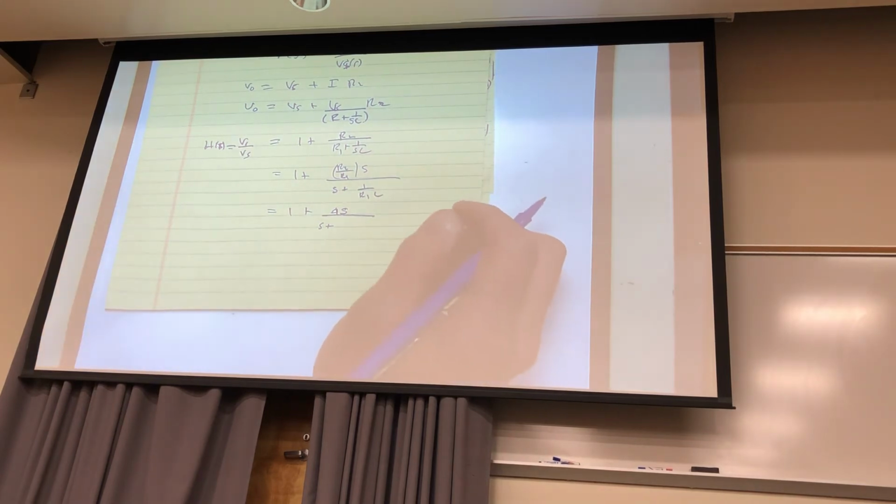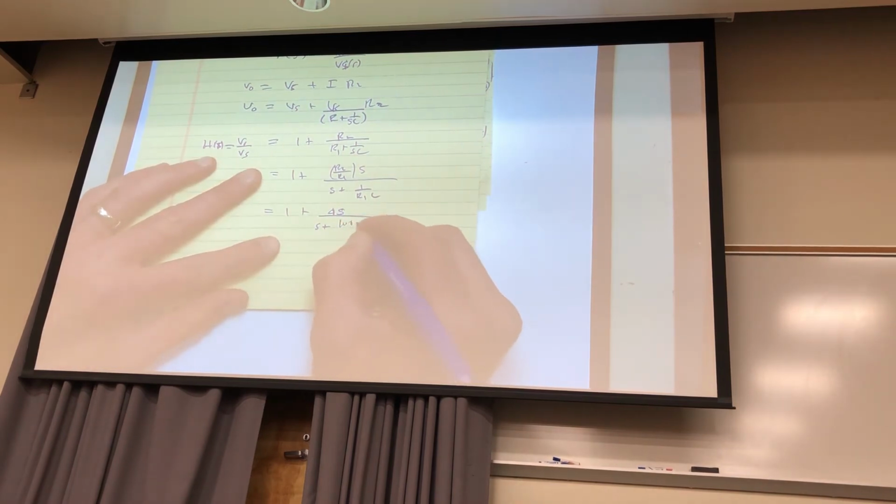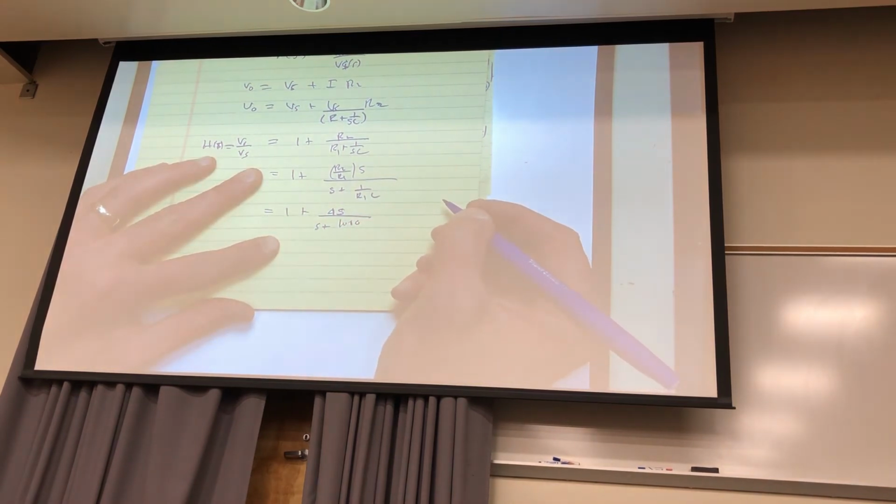Yeah, I'm looking here. I'm seeing different values. Pardon me? It's 1,000. It is 1,000? Yeah. You should have an S over S plus 1,000 times 4, I think.